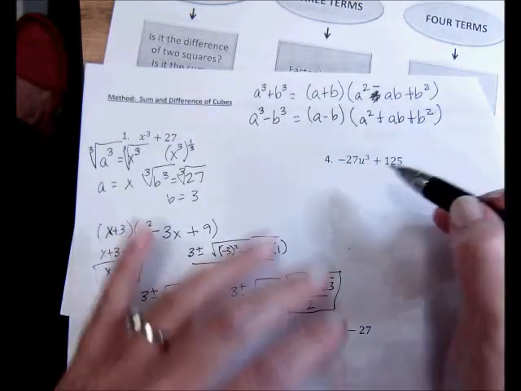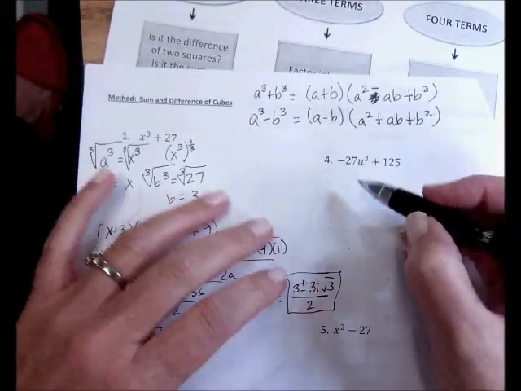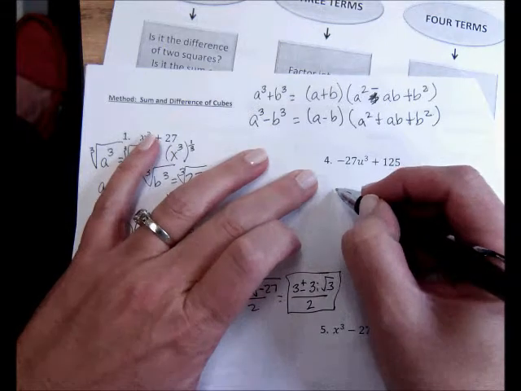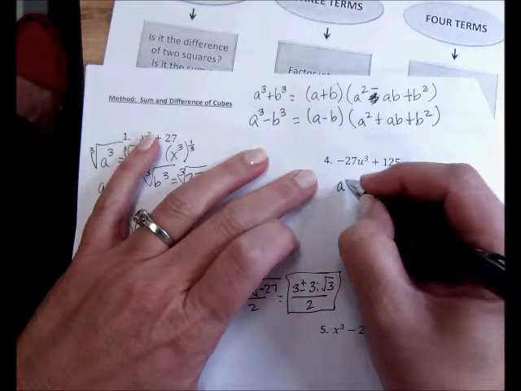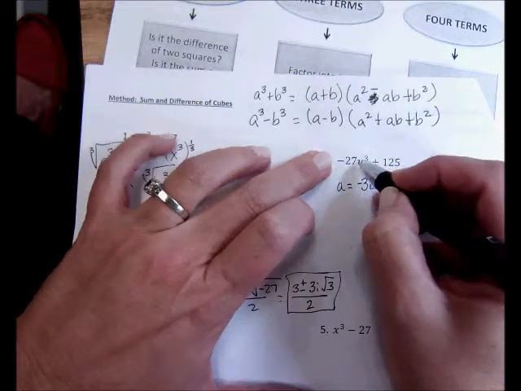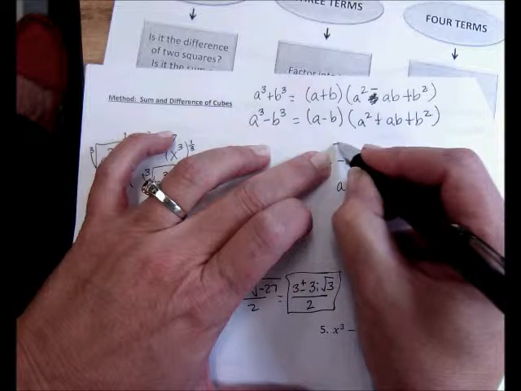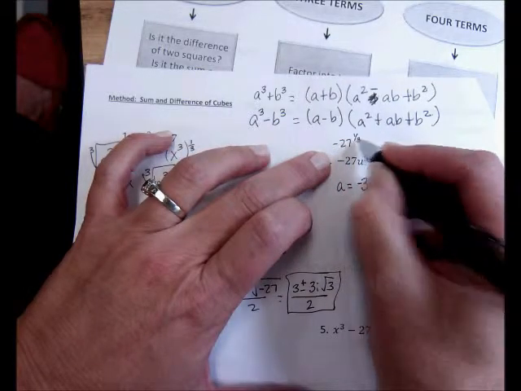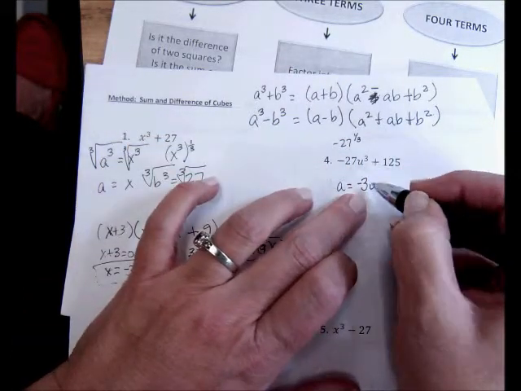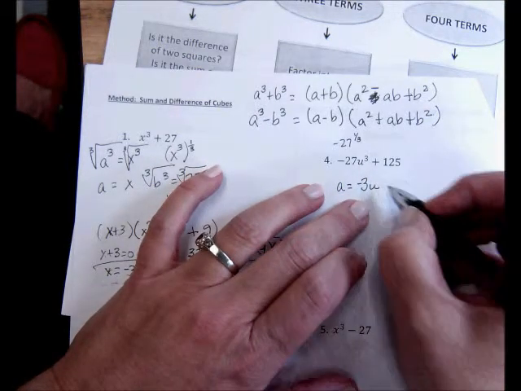So I'm going to work on number 4, and again I'm using the same formula because it's the sum of perfect cubes. In this case, I find out that a is going to equal -3u, because I take the cube root of -27. In my calculator I can do -27 to the 1/3 power, and it's going to be -3, and the cube root of u to the 3rd power is u.